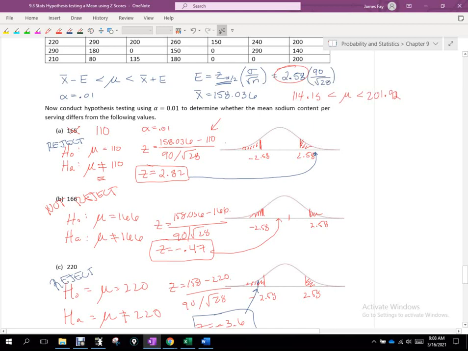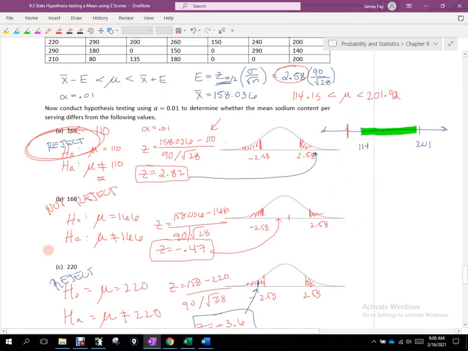So if I've got a number line, I'm going to go 114 to 201. That's our confidence interval. 110 fell out here, right? And what happened when it fell out there? What did we do?